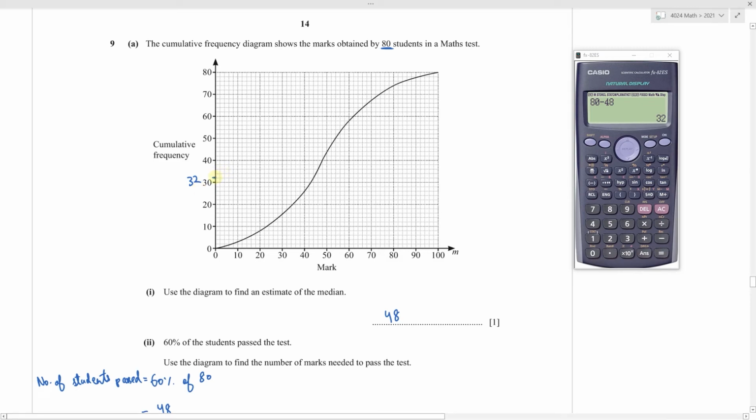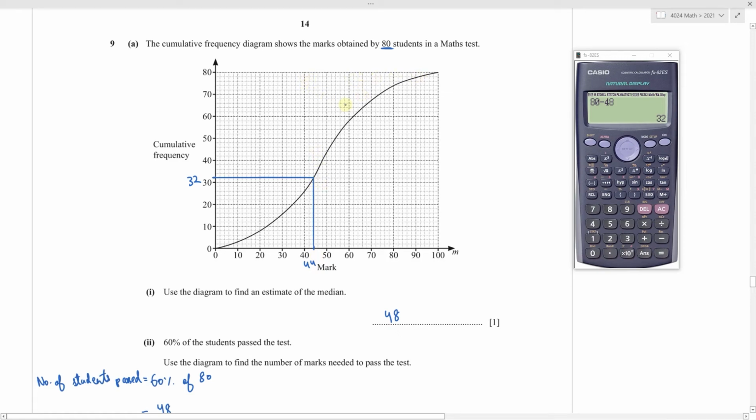So let's find the value of marks when your cumulative frequency is 32. So it will be this straight line here. It touches the graph at this point. So this is at 40, 42, and 44.